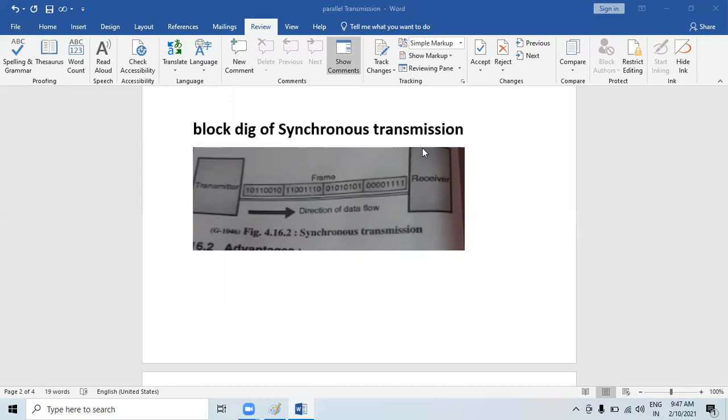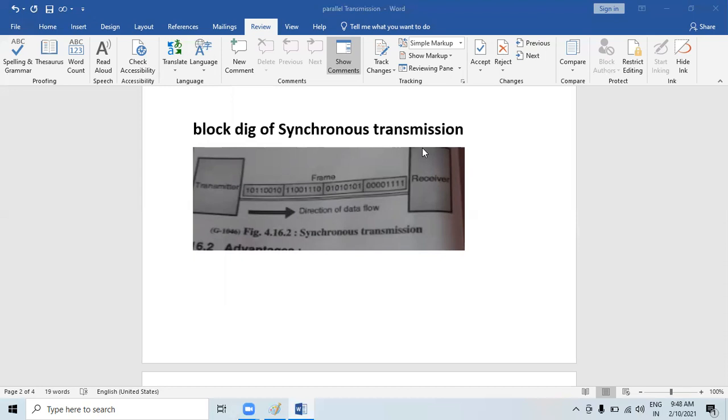In asynchronous transmission, start and stop bits are used, but in synchronous transmission, start and stop bits are not used. In asynchronous transmission, gaps between data blocks are present, and in synchronous transmission, gaps between data blocks are absent.